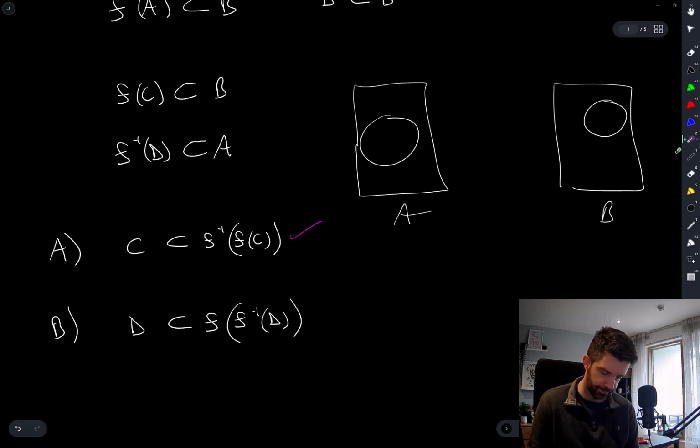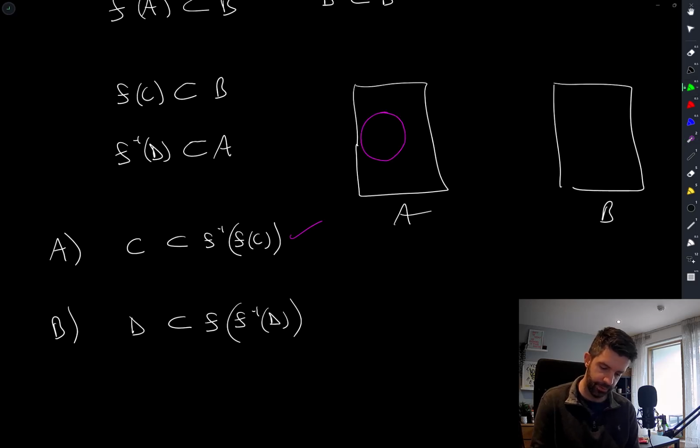So f of C, in fact, let me draw these with different colors. There's C, there's f of C, there's D. Now f inverse D can be complicated.